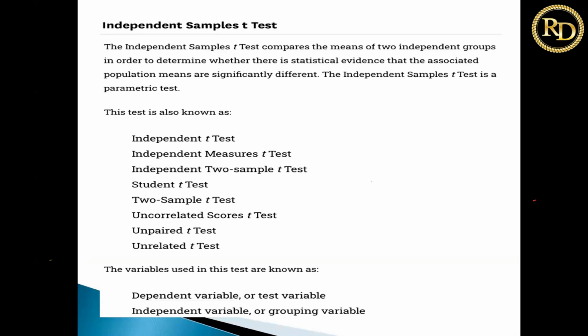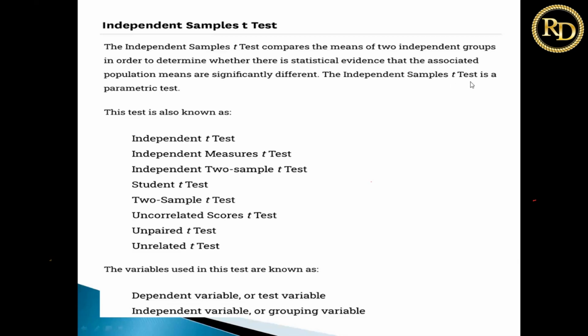The independent sample t-test compares the means of 2 independent groups in order to determine whether there is statistical evidence that the associated population means are significantly different, or we check whether the 2 samples are coming from the same population.